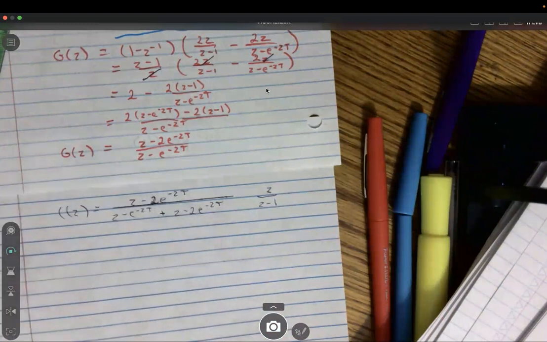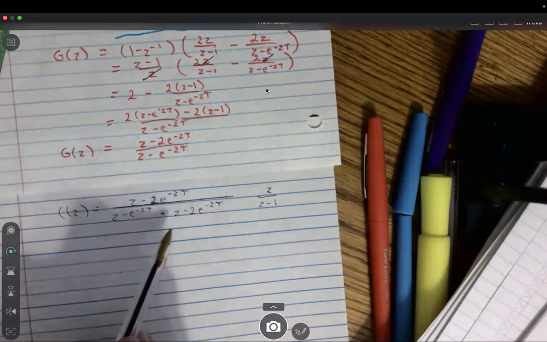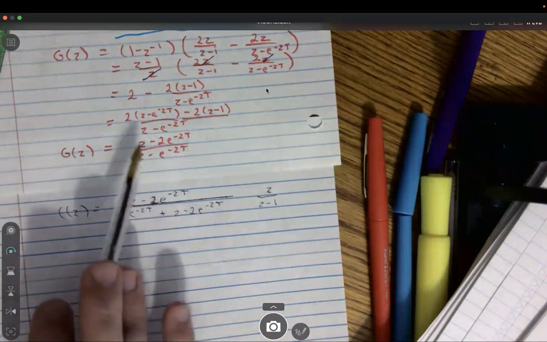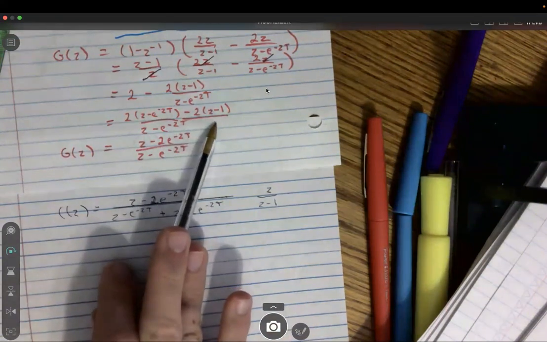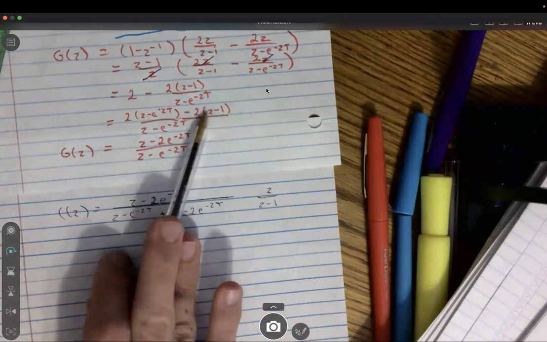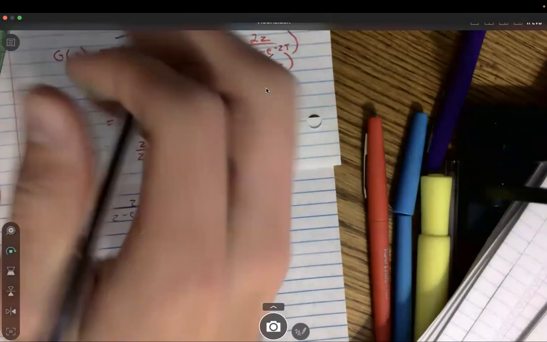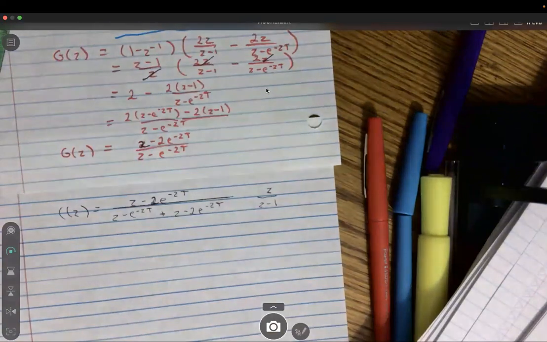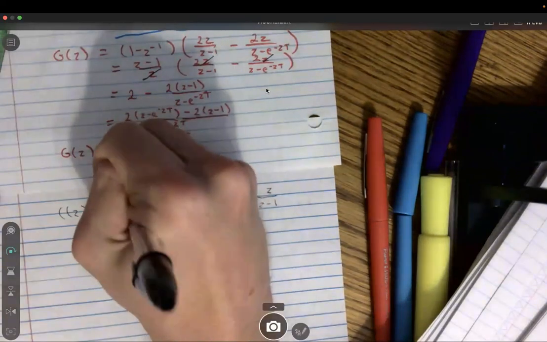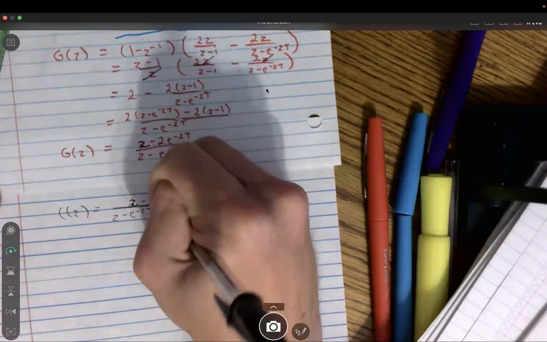Okay, so this would be minus 3 and then plus 2. Let me check real quick. Is this minus 2? So this would be plus 2. Yeah, okay, sorry, this is a plus 2 right here, so this is a 2. I just made a simple mistake there.